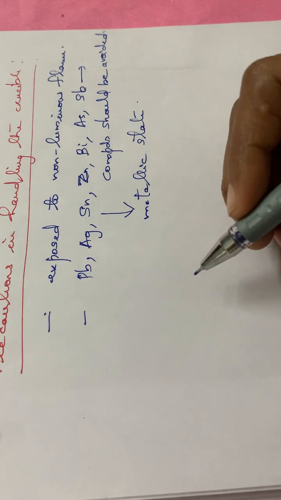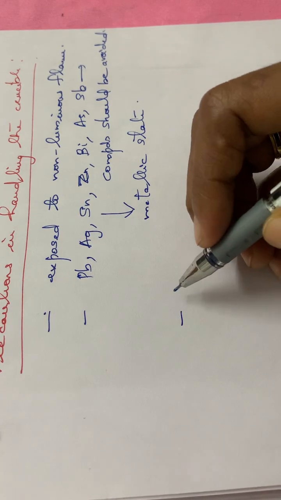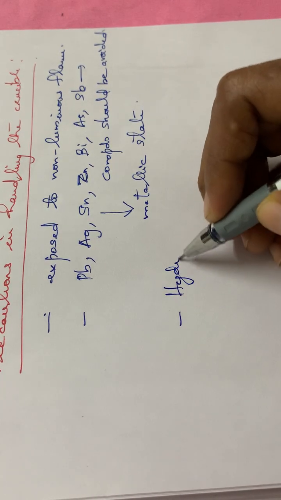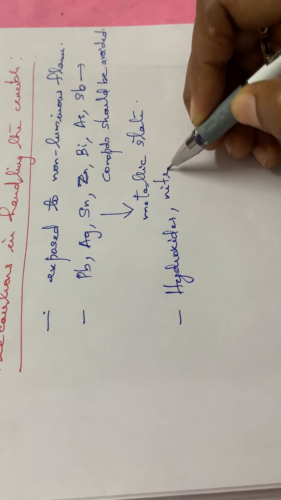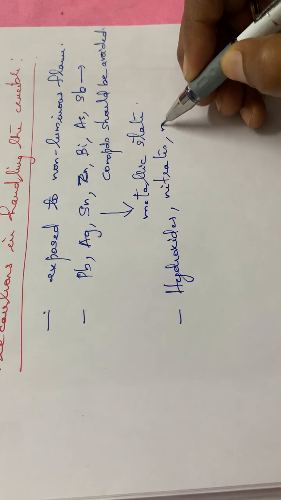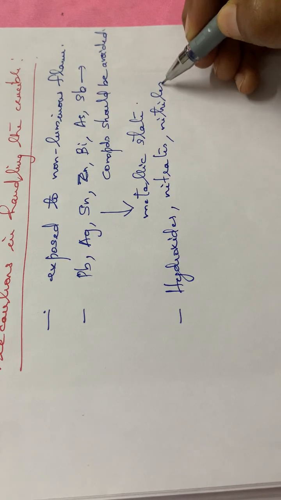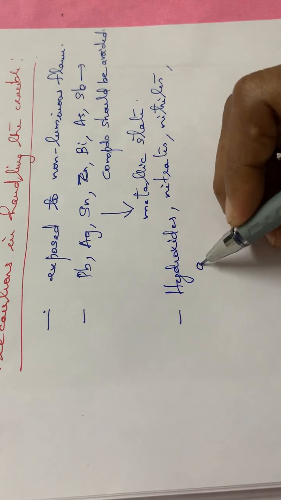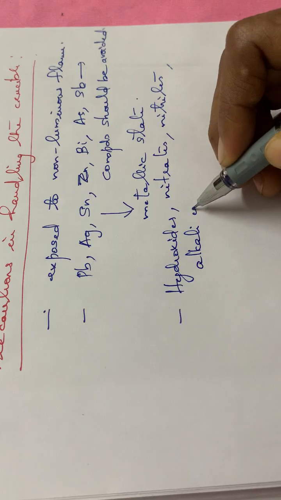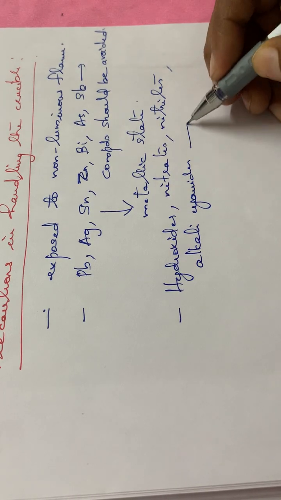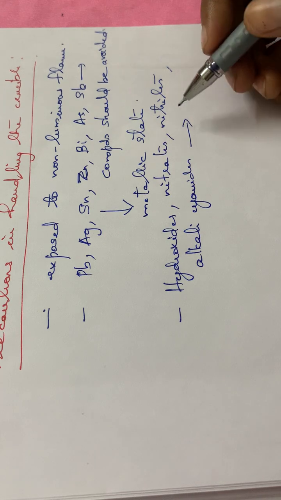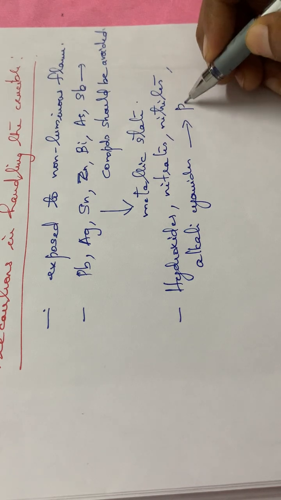Okay. Then the next point is that hydroxides, nitrates, nitrites, then alkali cyanides, etc. should not be incinerated in platinum crucible.